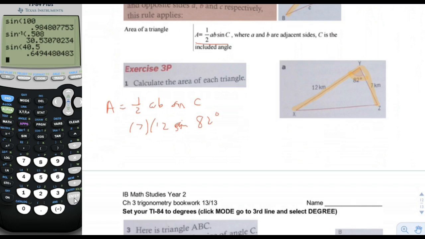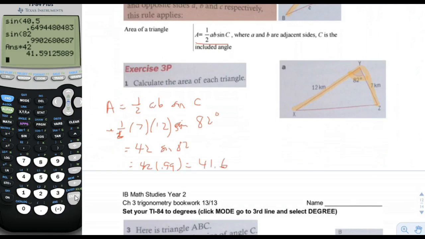And then times 1/2, right? So 1/2 times 7 times 12 would be 42 times the sine of 82. Sine of 82 is 0.99. So 42 times 0.99 is very close to 42. It's going to be 41.59, 41.6.